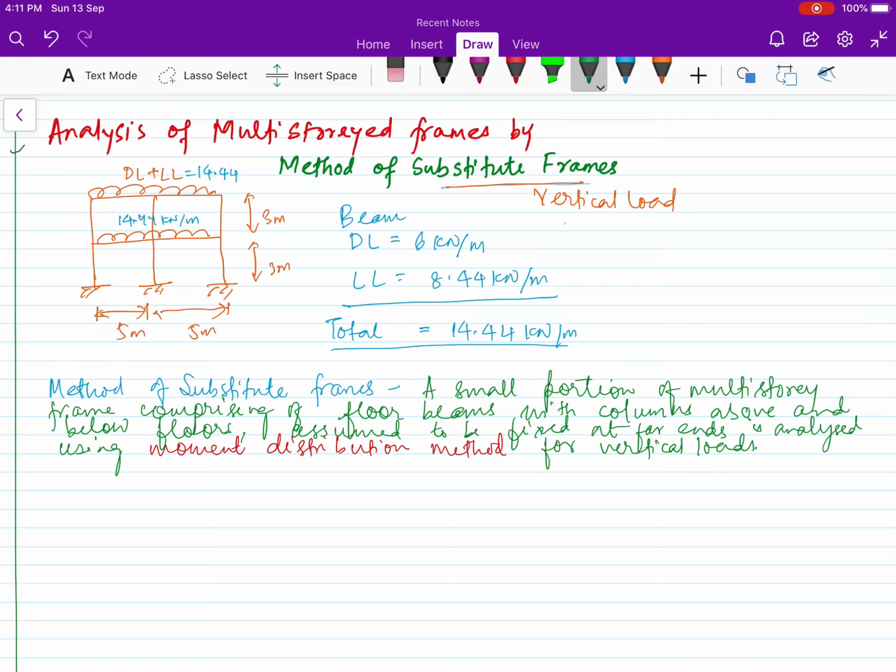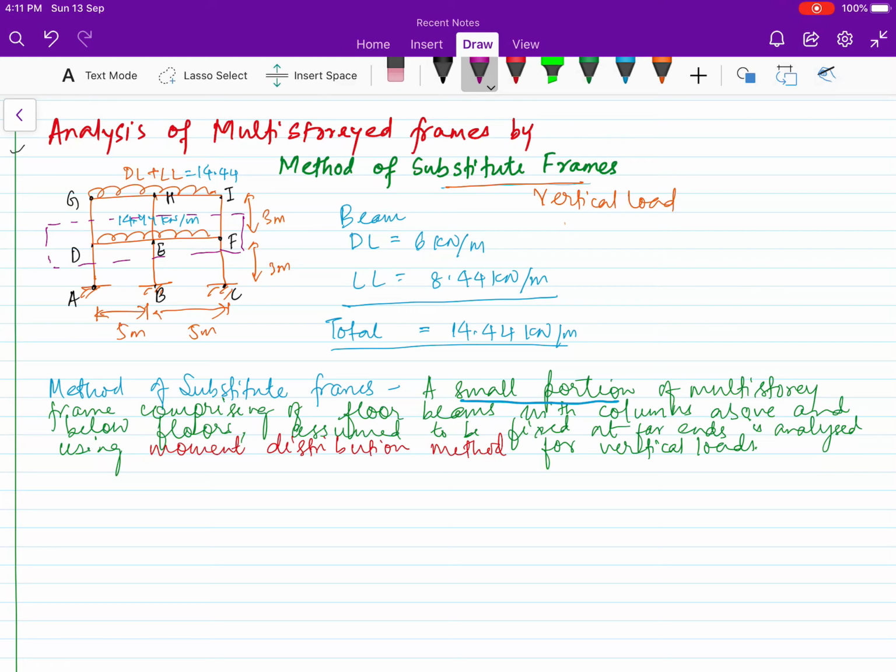So in this method, a small portion of a multi-story building. Let me name these joints as A, B, C, D, E, F, G, H and I. What we are going to do is take a small portion, because a multi-story building may be 7-storied, 8-storied, any storied building.